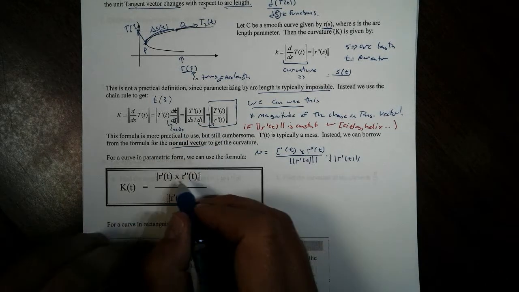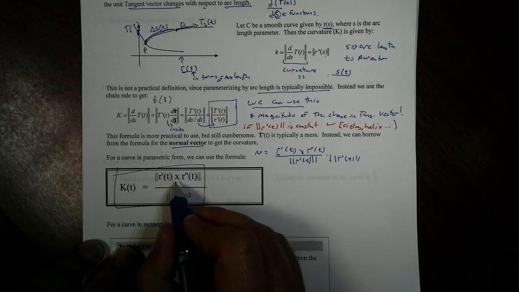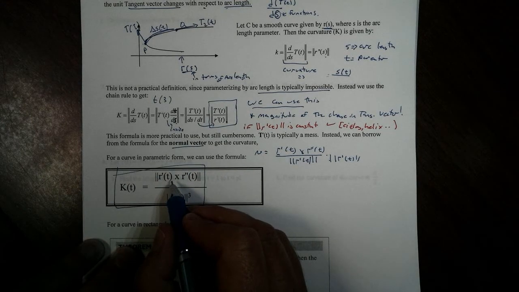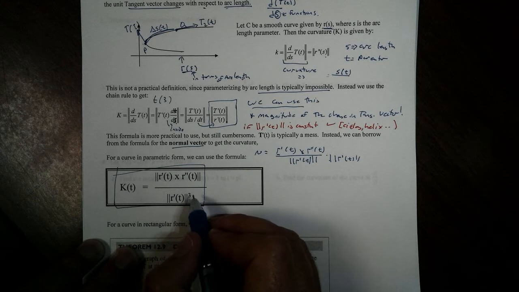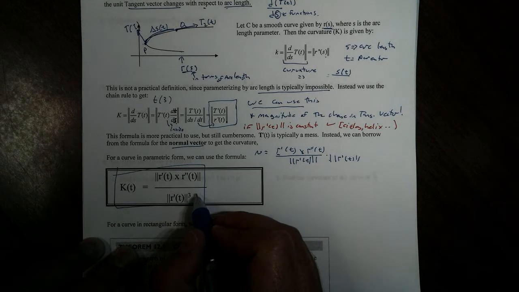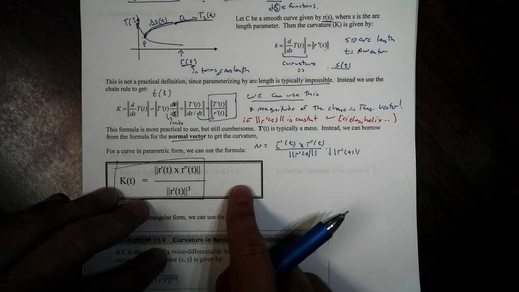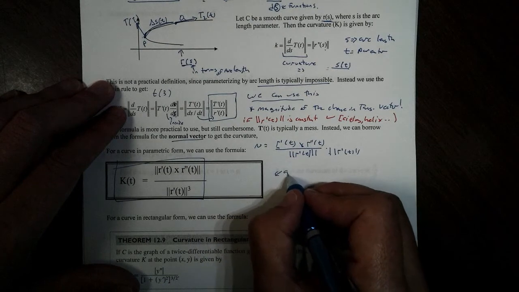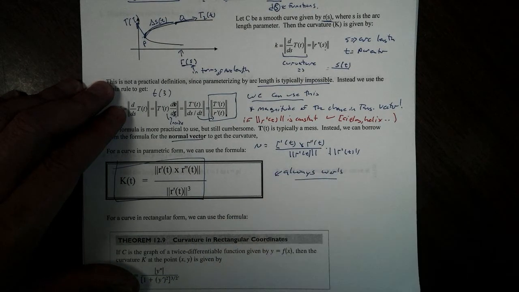And then we get our formula here. So here's our formula for kappa: it is the magnitude of the cross product of r prime crossed with r double prime, over the magnitude of r prime cubed. And this will always work for us.